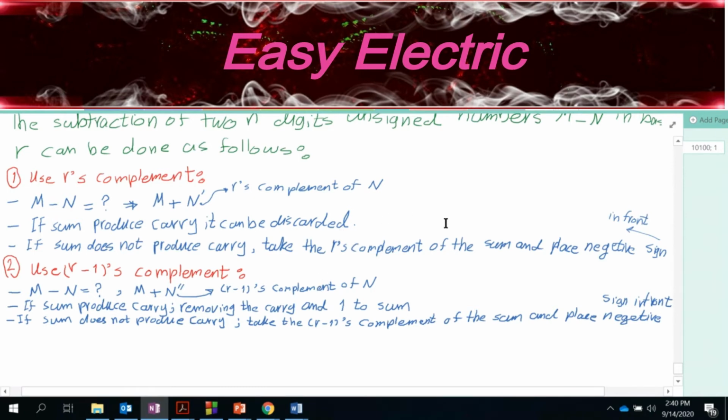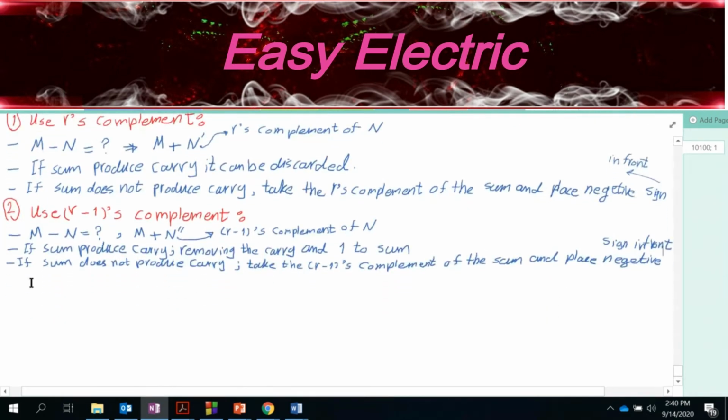Okay, so I think we talked enough. Let's have one example for that. In the example we follow exactly the same thing that you see here. Let's start with base 10, which makes more sense for you.